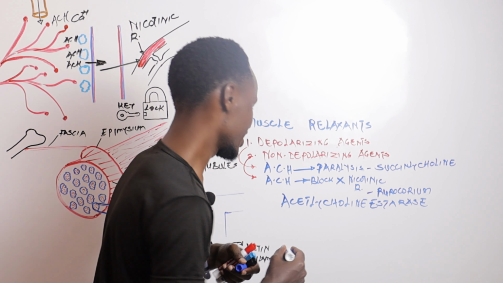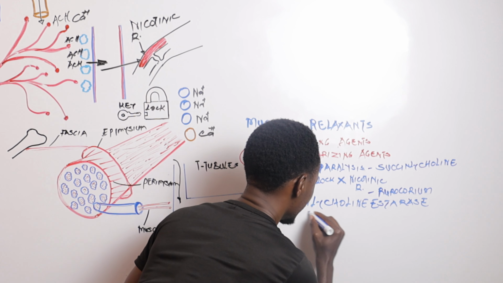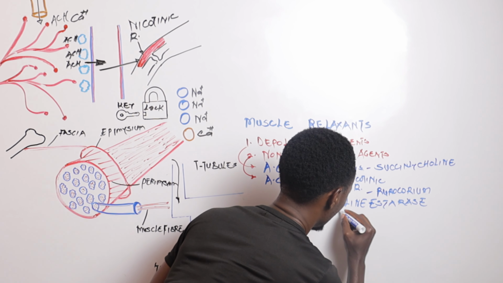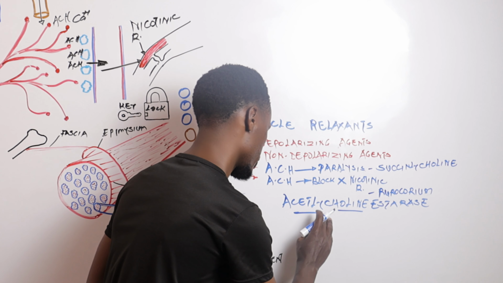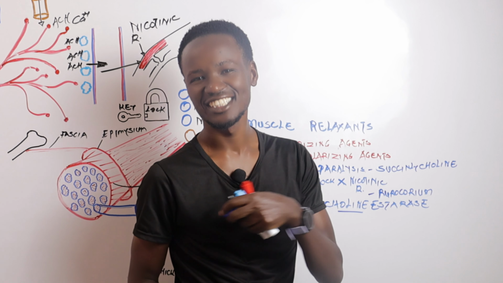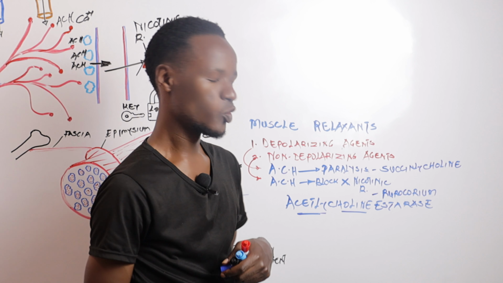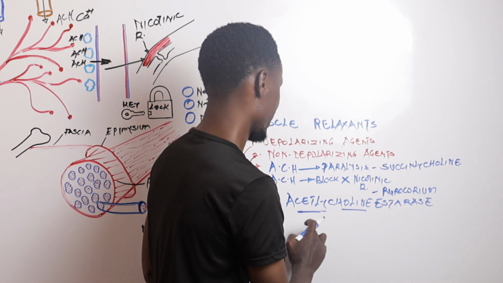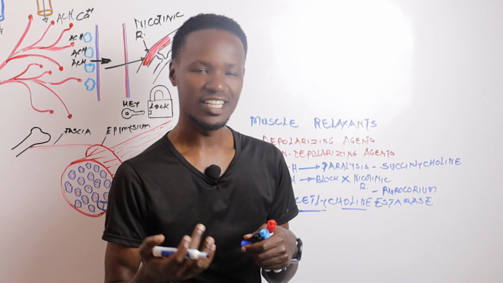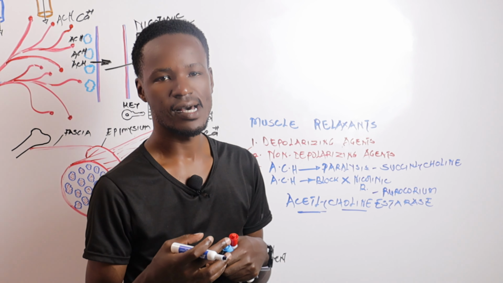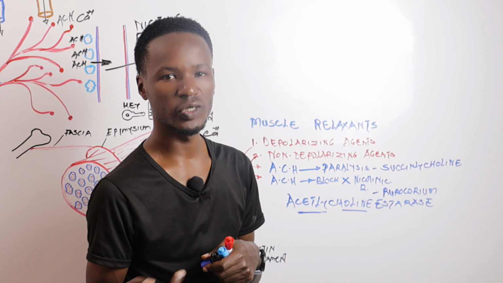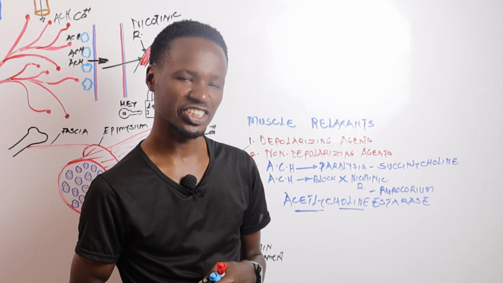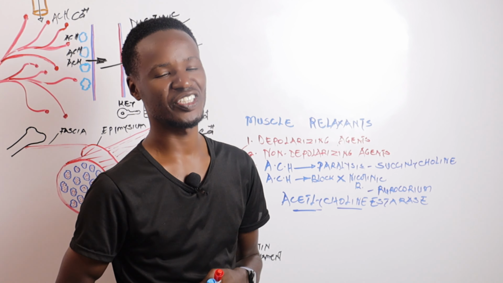And the broken components are acetyl and choline. These broken components act like building blocks, because once acetylcholine has been broken down by this enzyme, the acetyl and choline get used to create another acetylcholine, which is going to be used at the neuromuscular junction in another action potential and muscle contraction.